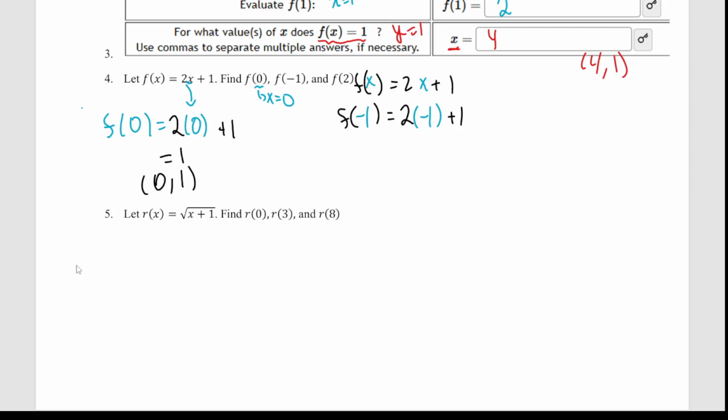If you want to find f of negative 1, that means everywhere you see an x, replace it with a negative 1. Then solve according to order of operations. 2 times negative 1 is negative 2. Negative 2 plus 1 is negative 1. So we just confirmed that the point negative 1 comma negative 1 exists on this graph.